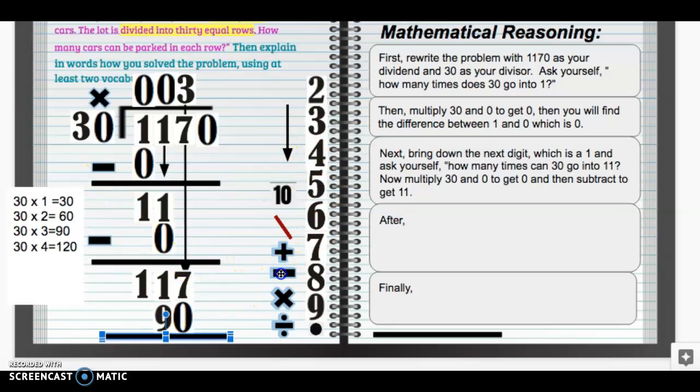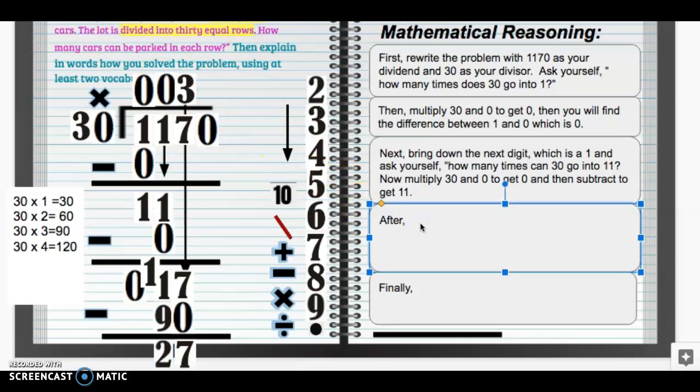So 7 minus 0 is 7. 9 minus 1 I can't do, so the 1 becomes a 0, and my 1 here becomes an 11. And 11 minus 9, 9, 10, 11, is 2. So now, since I did that, I got 27 as my difference.